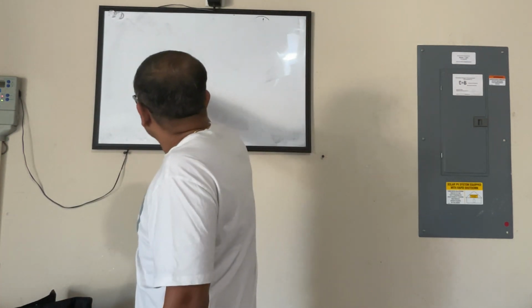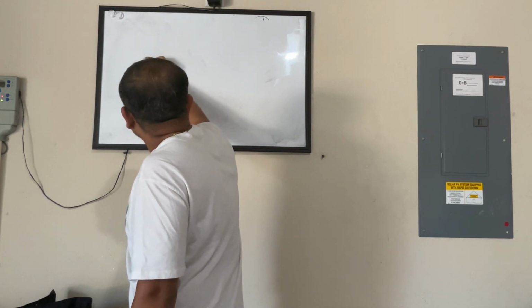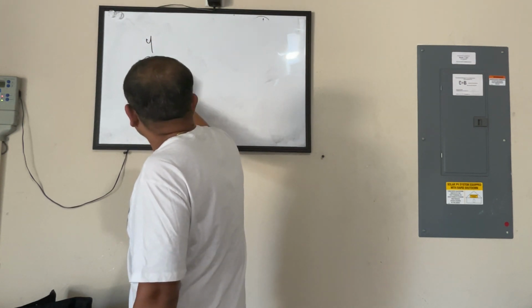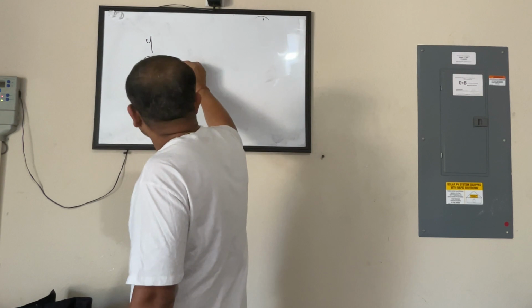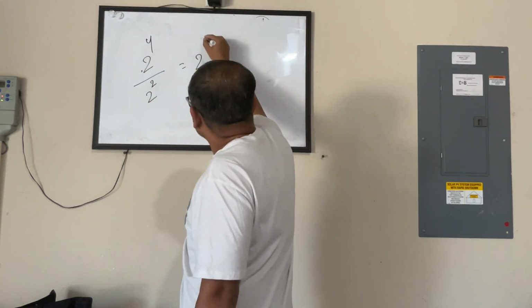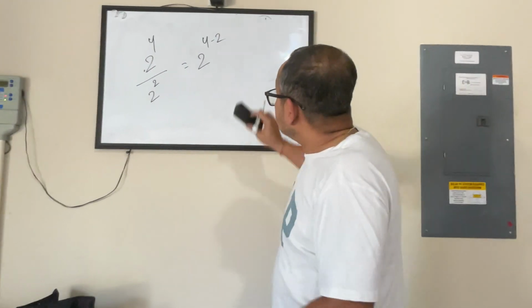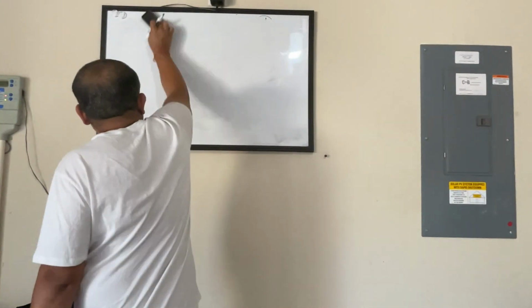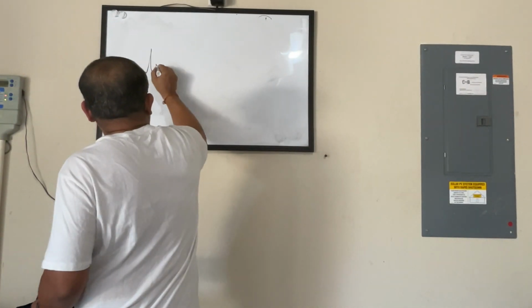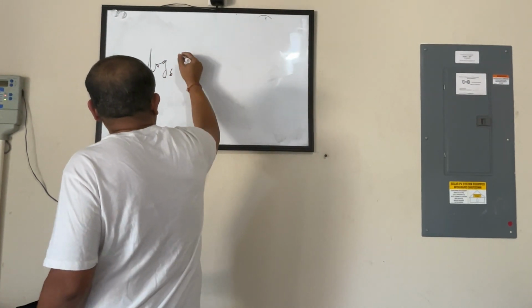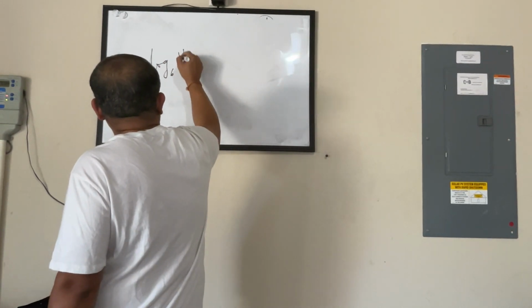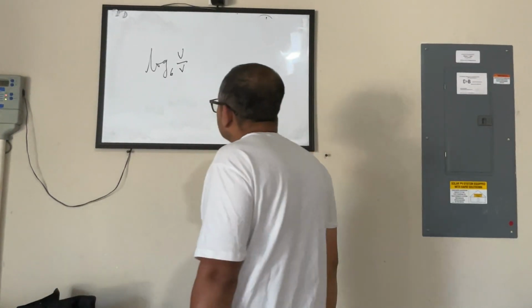What we have learned in exponents is, if we try 2 to the power 4 by 2 to the power 2, this converts to 2 to the power 4 minus 2. Log also works the same way. So if somebody says find out u by v, this was your first question.